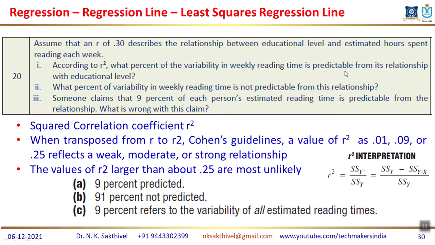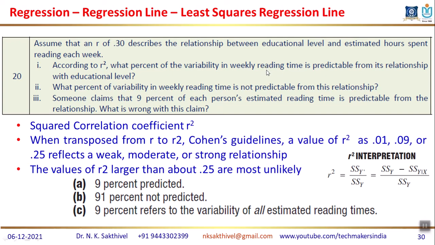When can you say there is an association, a relationship? That is 0.09, that means 9%. So according to R squared, the percentage of variability in weekly reading time that is predictable is 9%.